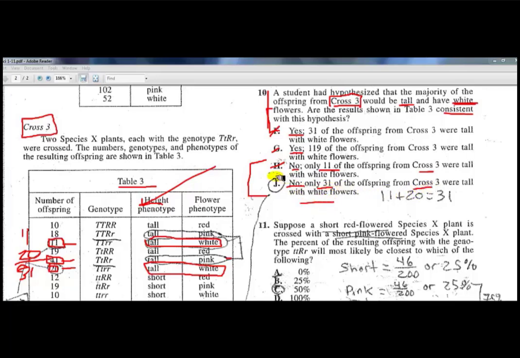That's the correct answer. Remember, don't stop once you find one answer here. You got to look at the whole graph. You got to look at the whole chart. Make sure that you don't stop here. Some kids might have gotten this problem wrong and chose answer choice H because they didn't continue looking at the full chart. The correct answer for 10 is J.